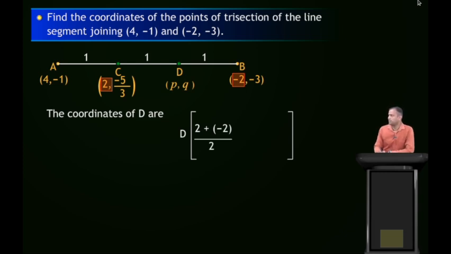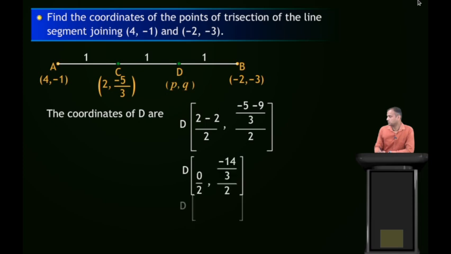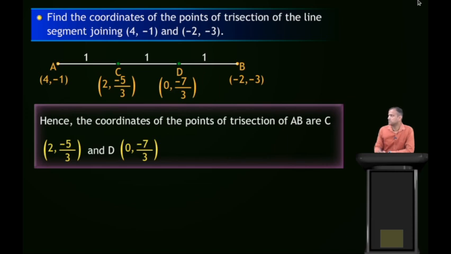And again we can find D from this, because D is the midpoint of C and B. It is 2 minus 2 upon 2, and then you will get the value as 0 and minus 7 upon 3. So the coordinates of D are 0 comma minus 7 upon 3. Hence the coordinates of the points of trisection of AB are 2 comma minus 5/3 and D.